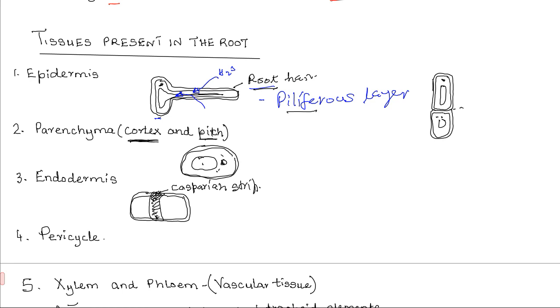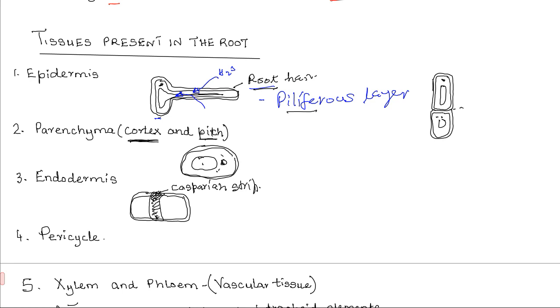This Casparian strip is impervious to water, and it enables the endodermis to control the amount of water and mineral salts that enters into the vascular tissue.